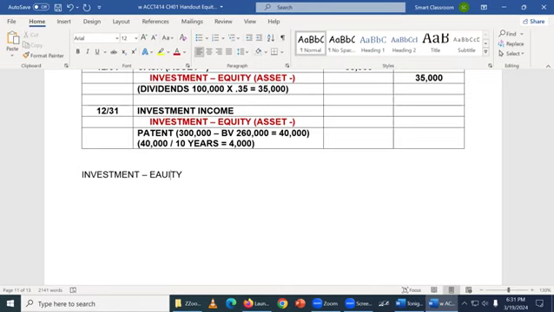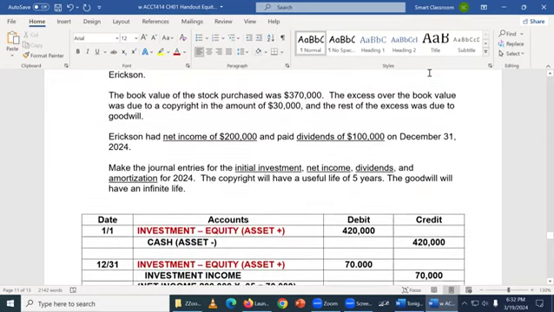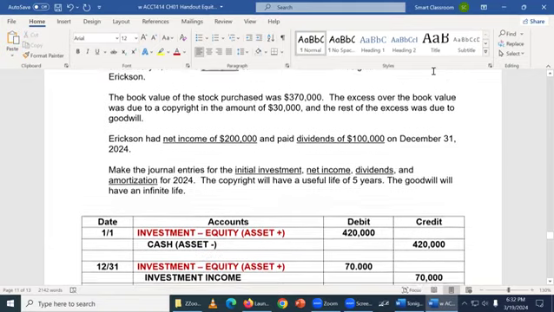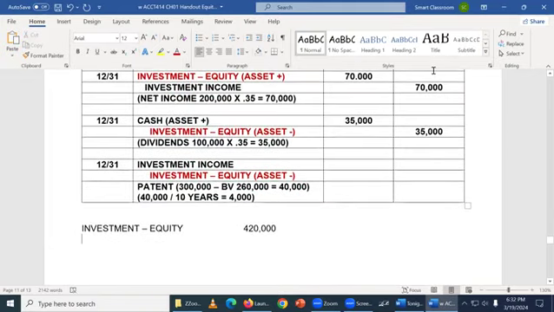Okay, oh, that's not how you spell equity. Okay, so let's see, we have the book value was 370,000. So there's an excess of 50,000.